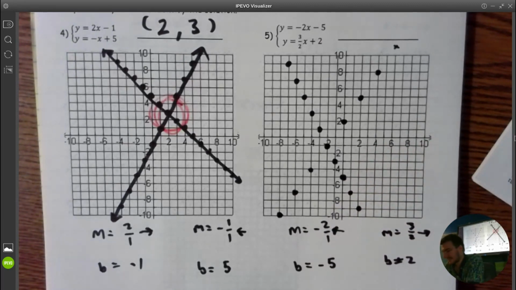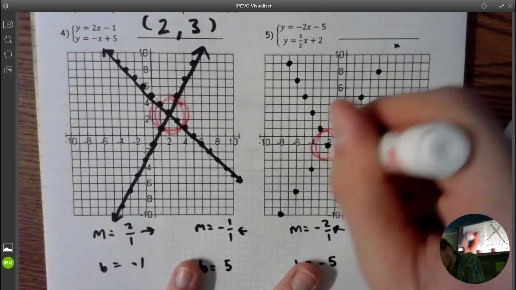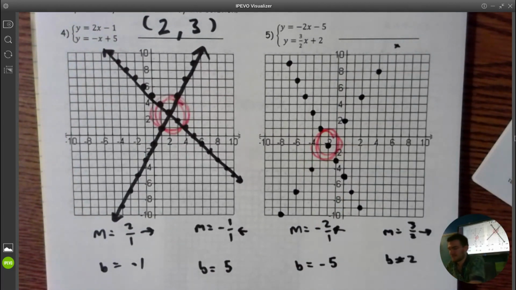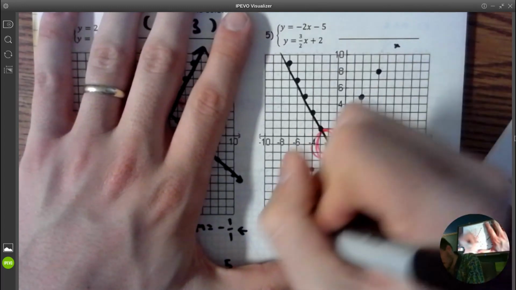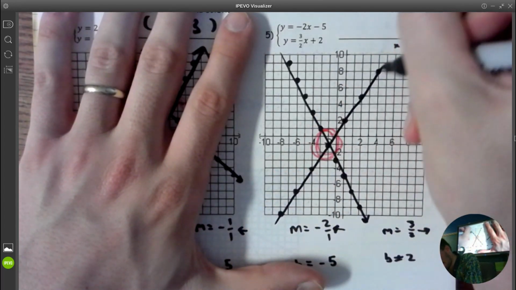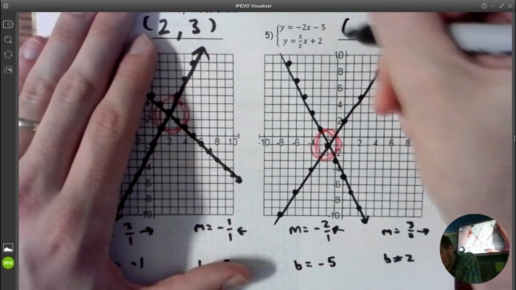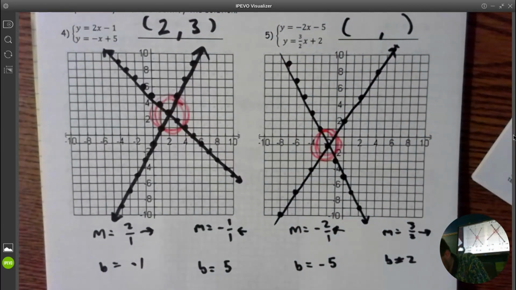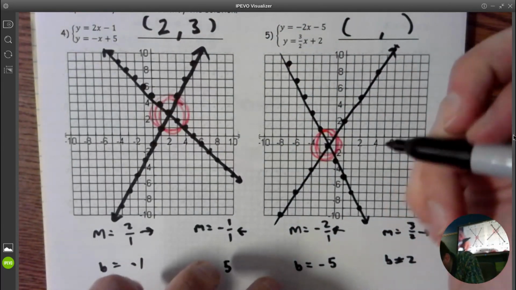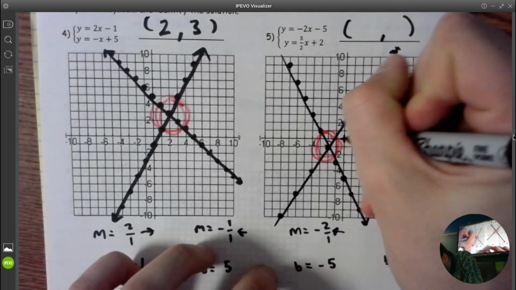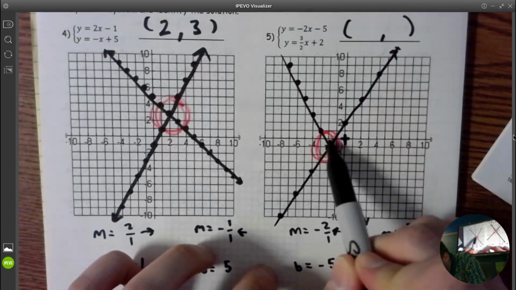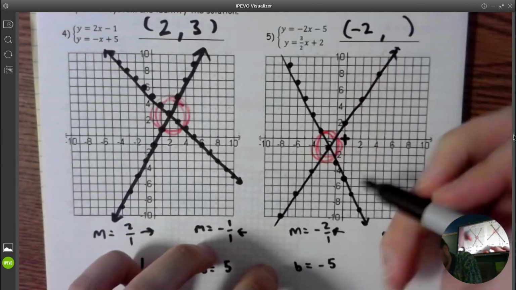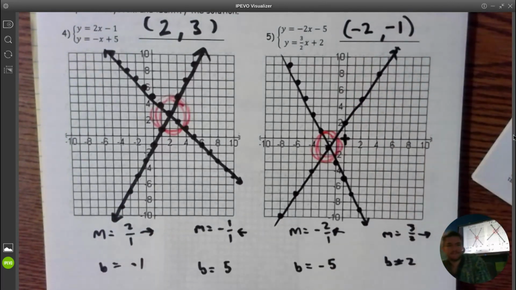And I can see it looks like right here is my perfect intersection. That intersection is, it's getting a little tricky to see. Here's my origin right here. So I need to go left 1, 2, -2, and down 1. -2, -1.